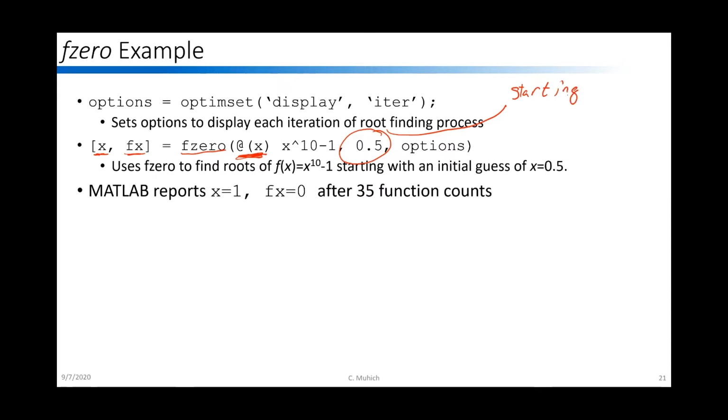And then these options are coming from this line up here that would set those option values so that it displays the number of iterations. So you can see display and then the number of iterations. And if you punch this out, you should see x equals 1 and f of x equals 0.